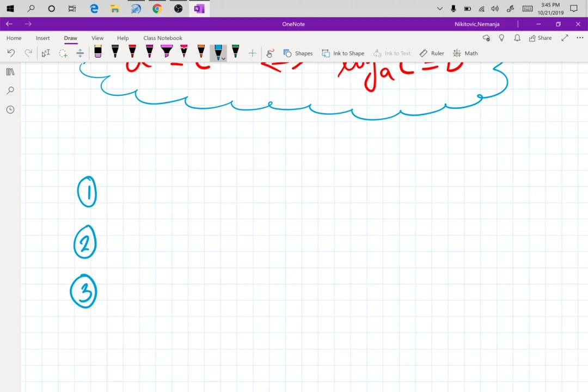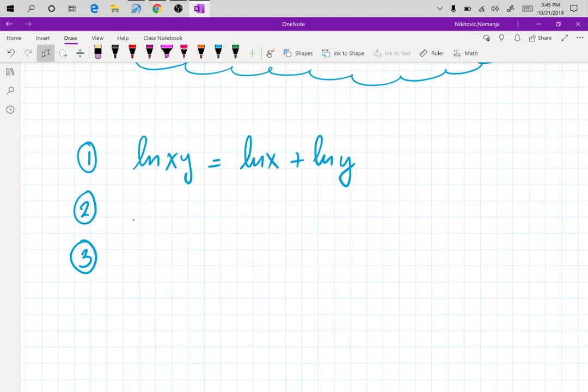Number 1, ln of x times y is ln x plus ln y. So if you have multiplication in the argument of ln, it can split into addition of 2 ln's. If you have a quotient, it splits into what? Minus, yes, the subtraction of the 2.